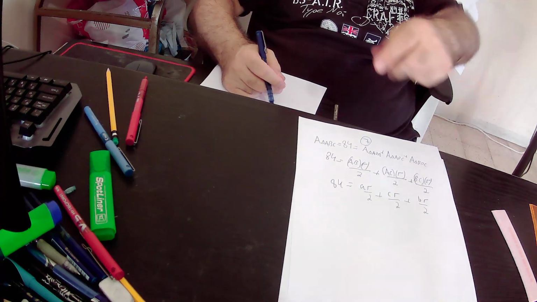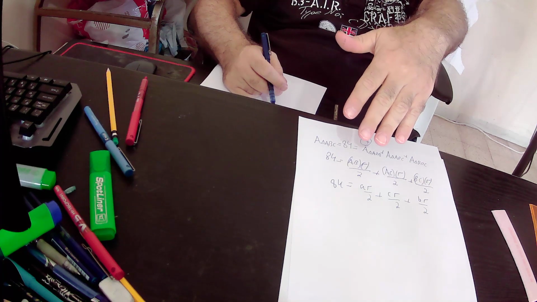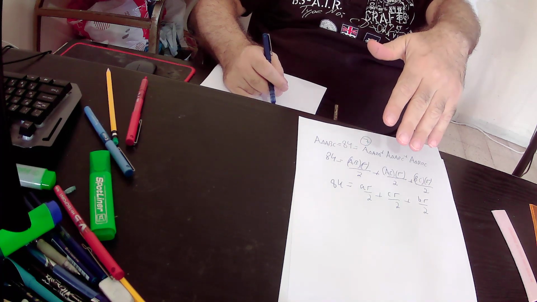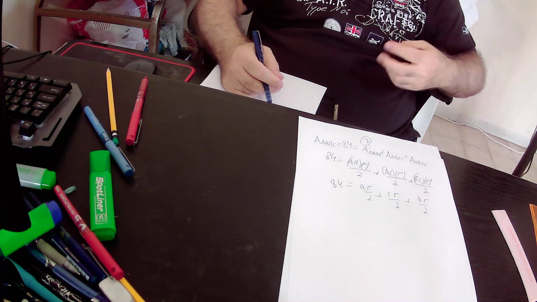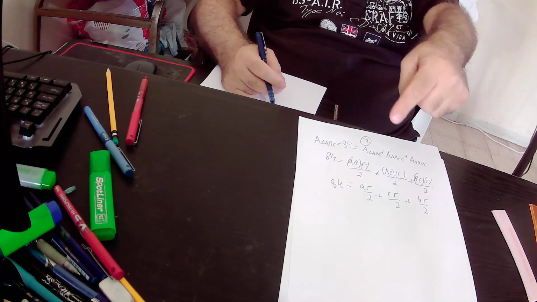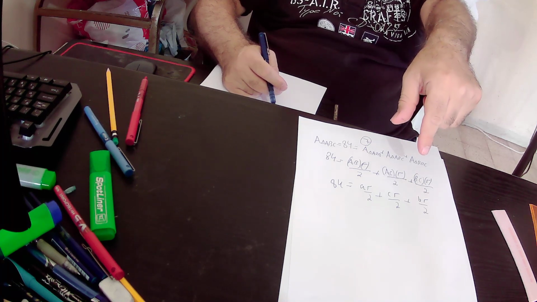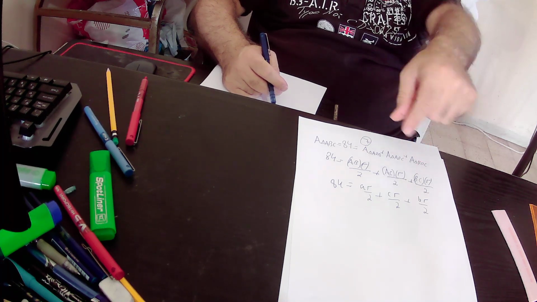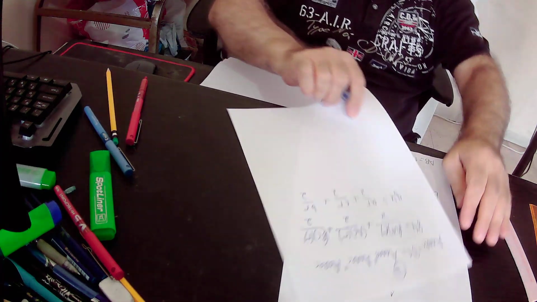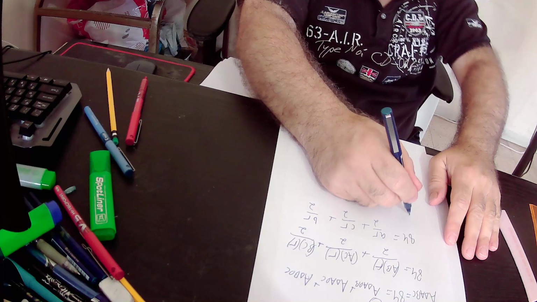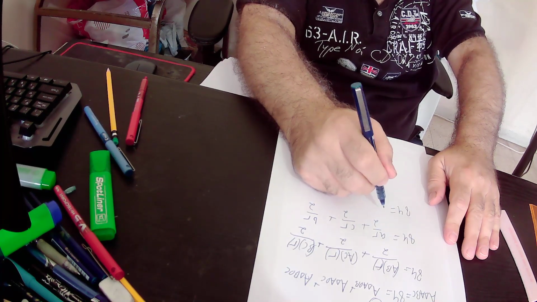So we have this equality that states that 84 equals A times R over 2 plus C times R over 2 plus B times R over 2. Here we will take out a common factor of R over 2, and we will get that 84 equals R over 2, the common factor that we took out.